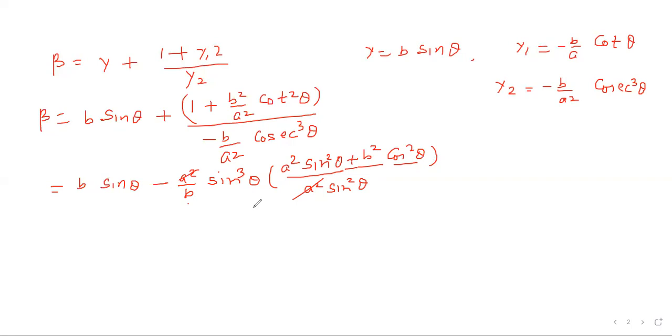So let's simplify it further. So we will get b sine theta minus a square upon b, if we don't cancel, sine cube theta, and then next term will be minus b and cos square theta times sine theta, because this is sine cube theta, and from here this sine square theta will get cancelled, then we are multiplying.